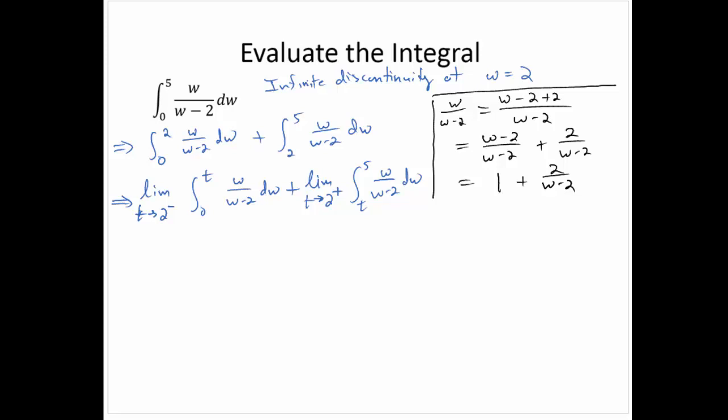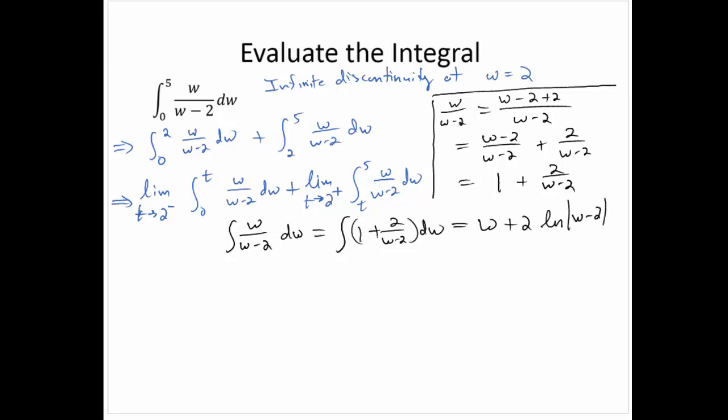Well, now the antiderivative of w over w minus 2 dw is then the antiderivative of 1 plus 2 over w minus 2 dw, which is then w plus 2 natural log absolute w minus 2 plus a constant. And so then each of these integrals from earlier, I now have an antiderivative.